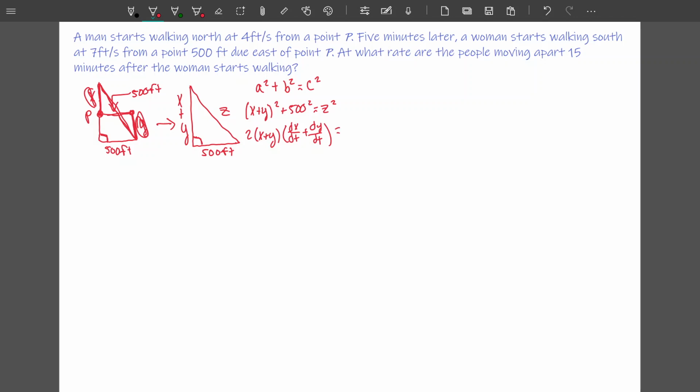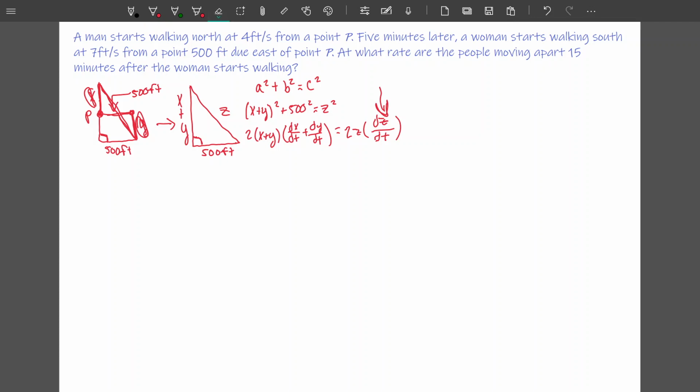And the derivative of z squared is going to be 2z, and then times dz over dt. Sorry, the pen's being a little weird. Alright, so we want dz/dt.